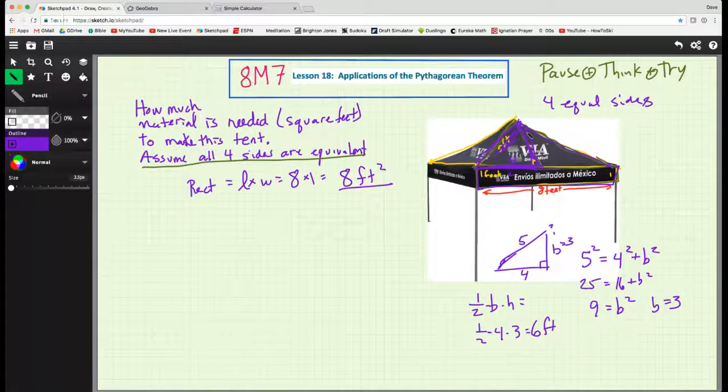So this here is equal to 6 square feet. So if you add this one and this one, this whole side is equal to 12 square feet.